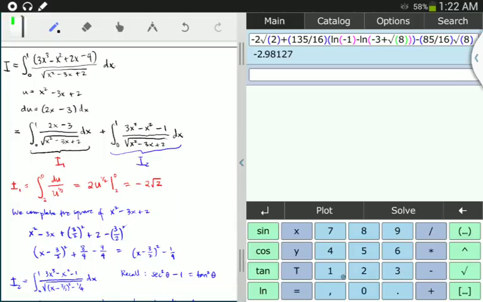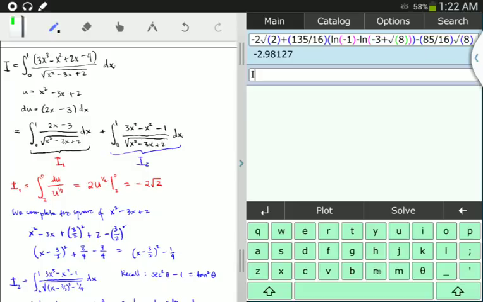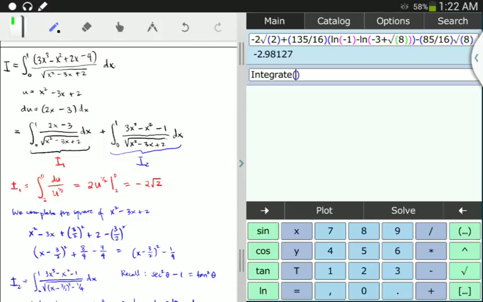Let us use this program to integrate the function, the numerator is 3x cubed minus x squared plus 2x minus 4, divided by the square root of x squared minus 3x plus 2, evaluated from x equals 0 to 1.